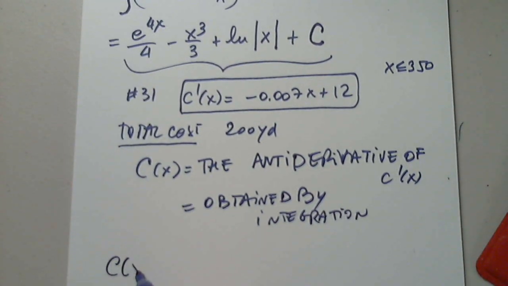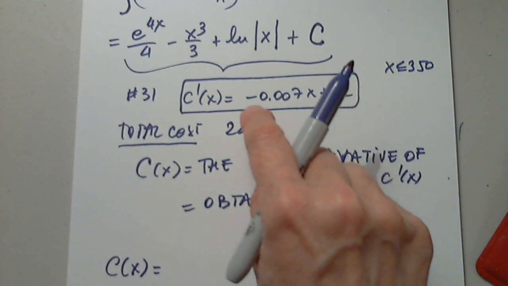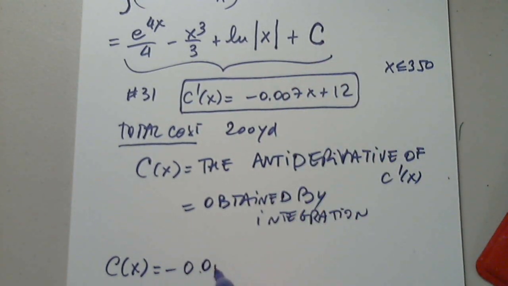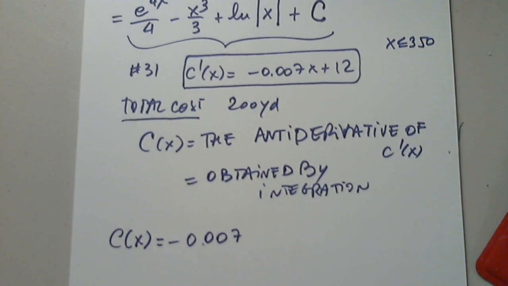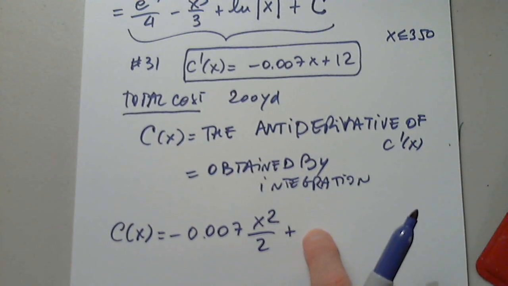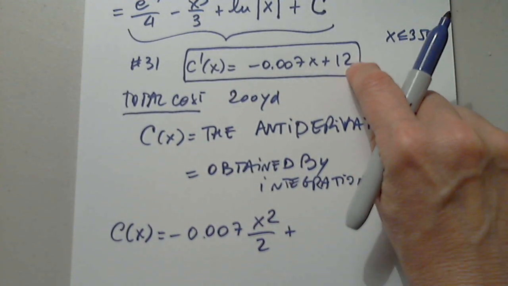So, c of x. Which function prime is negative 0.007x? Basically, I should ask which function prime is x, because the constant stays. x squared over 2. Excellent. Plus, which function prime is 12?